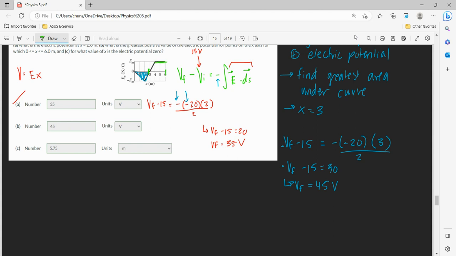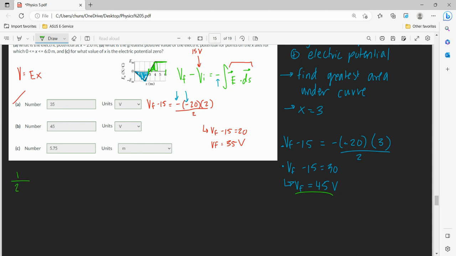So we know it slopes off flat at this point, so we can expect it to be roughly around that area. And we want that to equal our previous answer of 45 volts. So we can first consider this triangle here plus some other rectangle here.